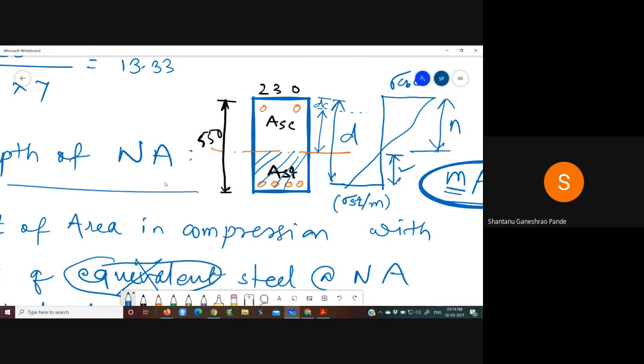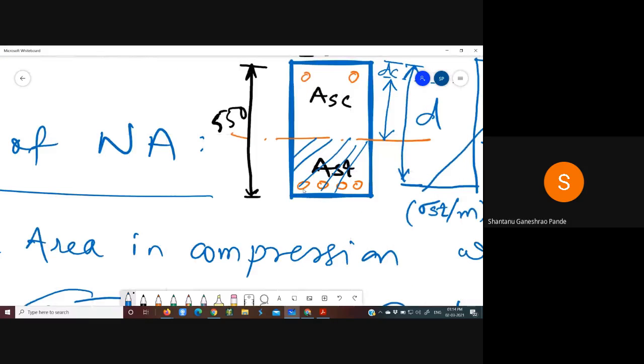So here the clear cover is defined in the problem. Clear cover means below the face of this bar. This is given to be 40. So we have to find out the effective depth and the DC value. Now DC value is measured from the center of the bar to the top edge.